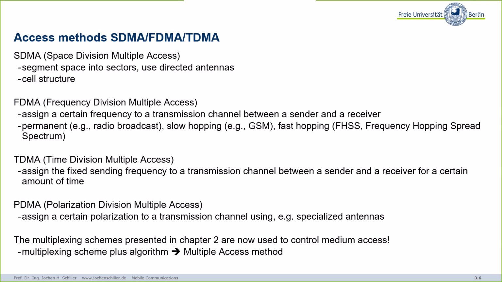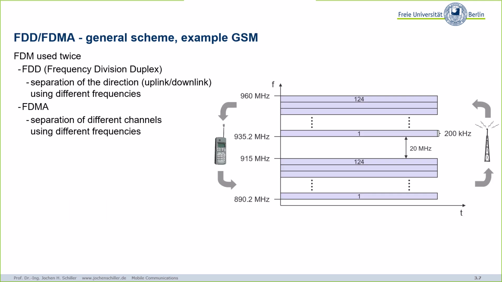If you combine this, you can have schemes as shown here for the classical GSM network operating at 900 megahertz, with uplinks, here shown 124 channels for the uplink, and a downlink, also 124 channels.